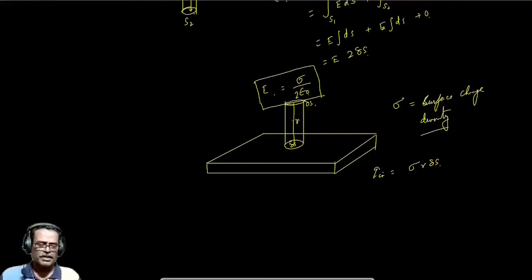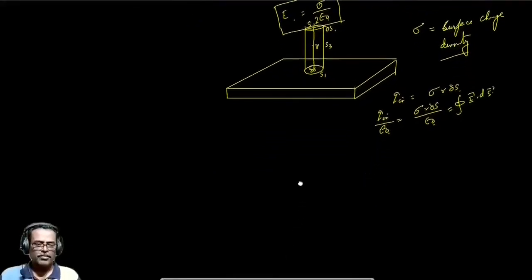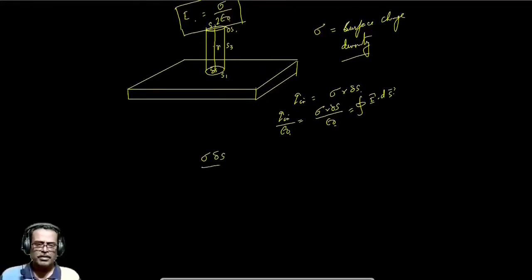Therefore, we can say that there is no field at this S1, and this is S2, and this is S3. So Q in by epsilon 0, which is sigma into del S divided by epsilon 0, is equal to closed integral E dot ds. Now sigma into del S divided by epsilon 0 is equal to S1 E dot ds plus S2 E dot ds plus S3 E dot ds.